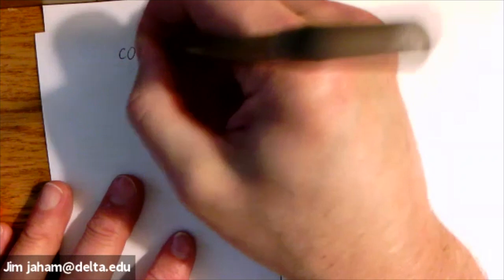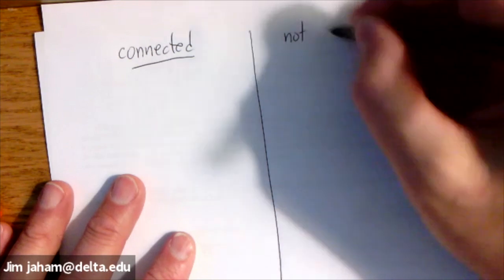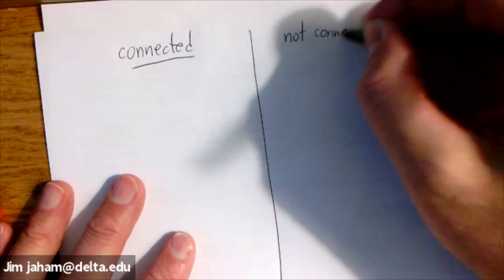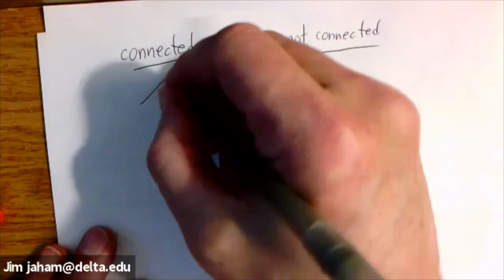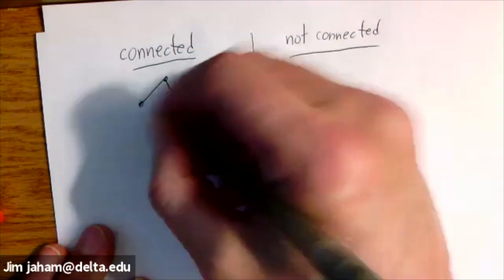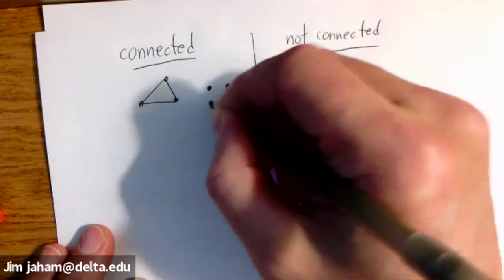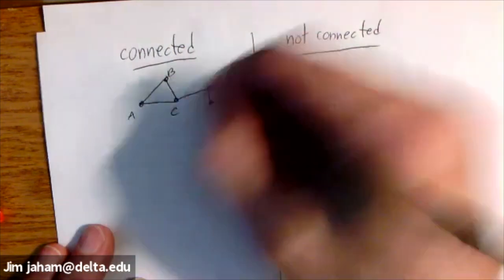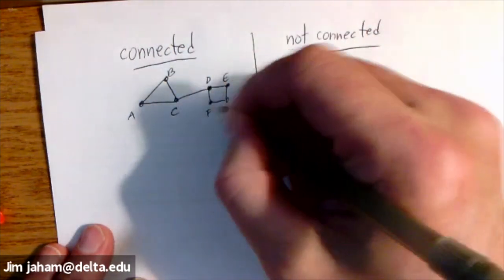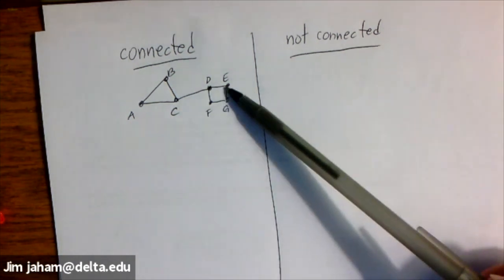Let me give you some examples of connected graphs and not connected graphs. Connected would be something like this. I can get from any one vertex to any other vertex by following some kind of path.